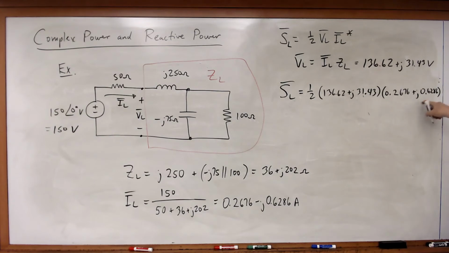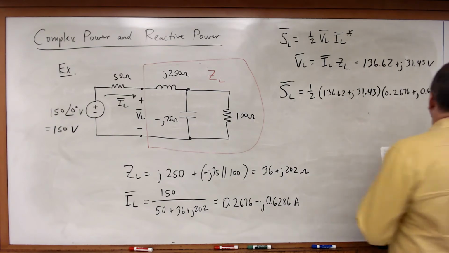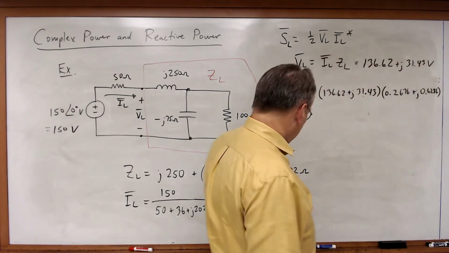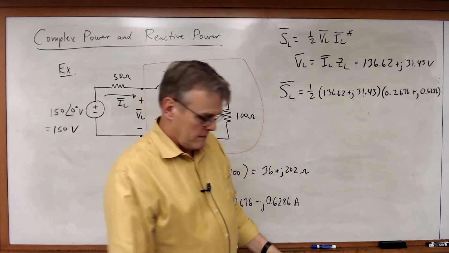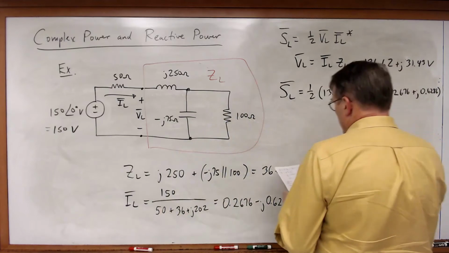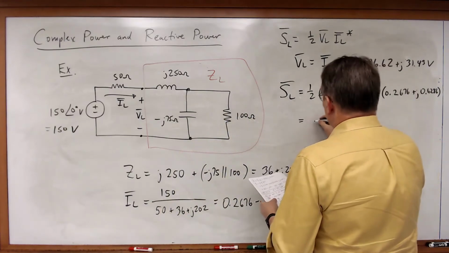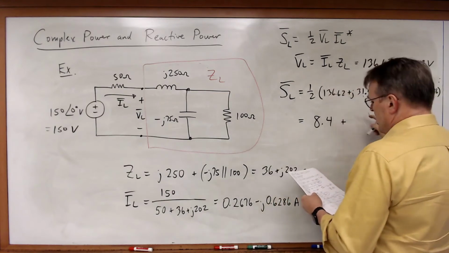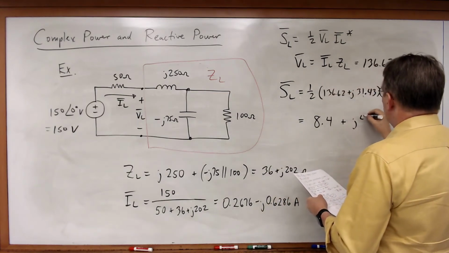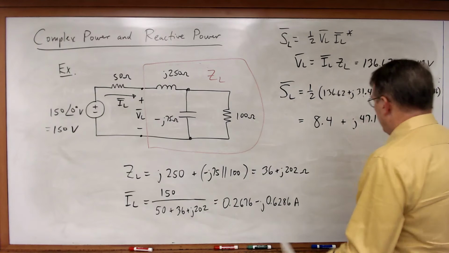So in this case, I flip the sign on the imaginary part to generate the complex conjugate. And I multiply that through, and it will be equal to 8.4 plus J 47.1.